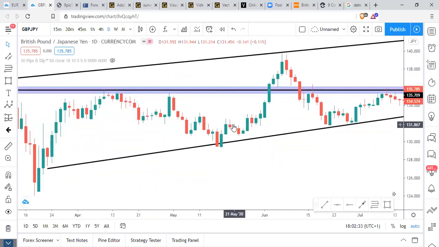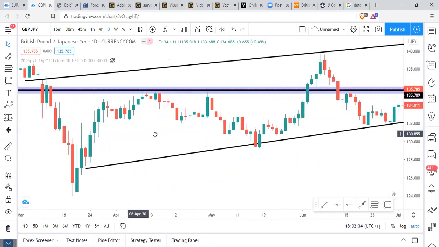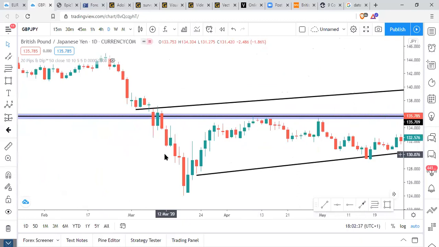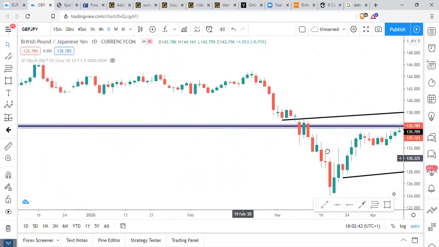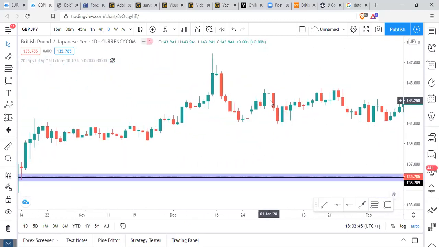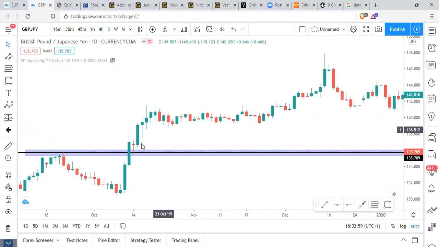So there are different types of rejection candlesticks. You can just go back to your candlestick bible, then you will know all this. This is also part of rejection candlesticks. What happened? It sold. So you can see that this is another candlestick rejection.